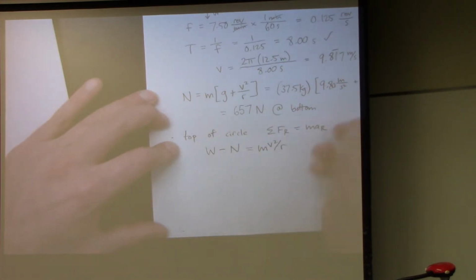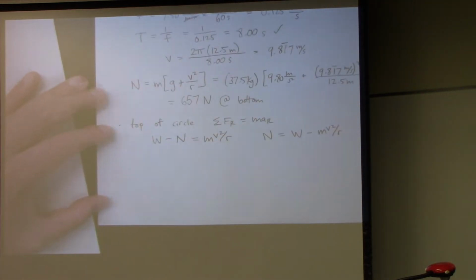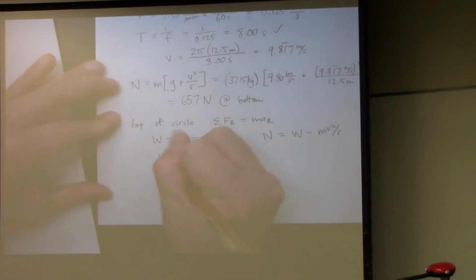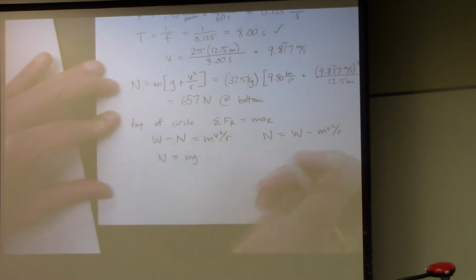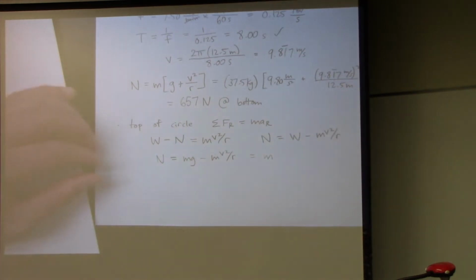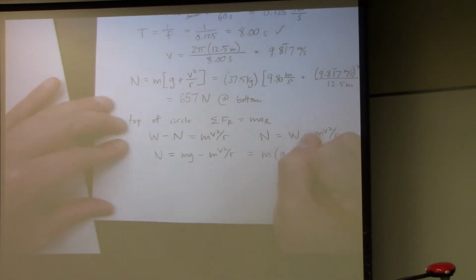So what we're going to have is N is equal to W minus mv squared over r, like that. And of course, the weight is just mg. So we have mg minus mv squared over r. Pull out the mass, that's a constant factor. And then I'll have g minus v squared over r.